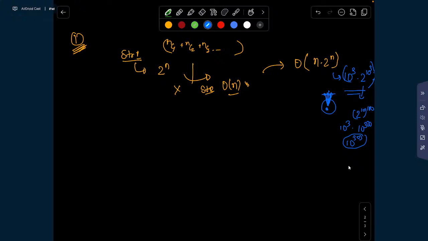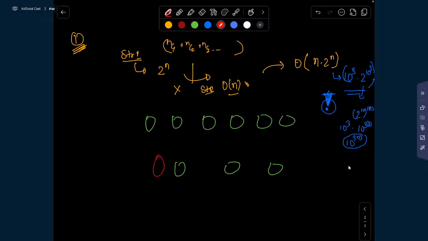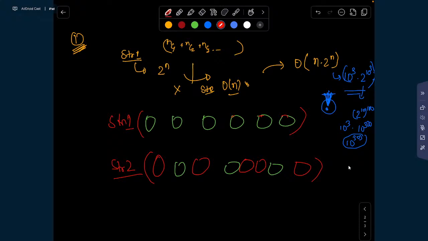So now we have to come up with an approach. There are obviously two strings, out of which some of them are common, the rest are different. This is your str1, this is your str2. Now what we have to do is to basically check how we can formulate this in DP form, right?